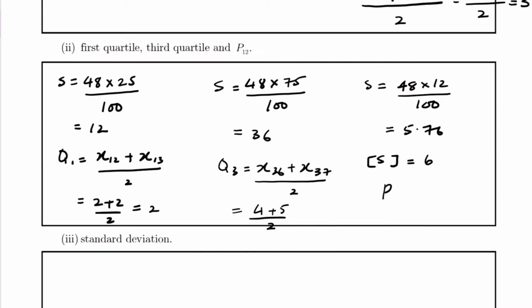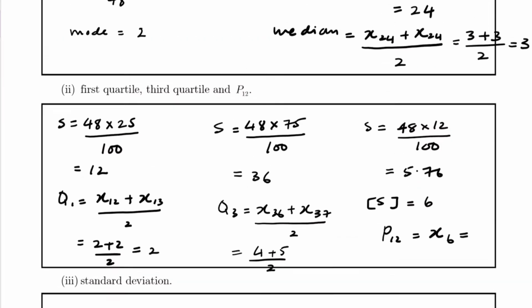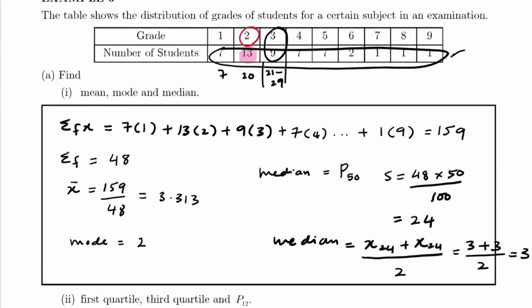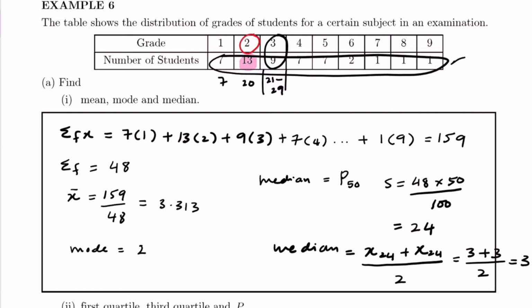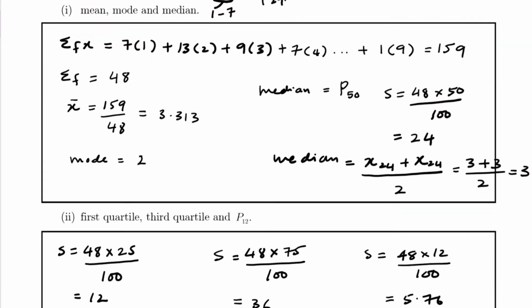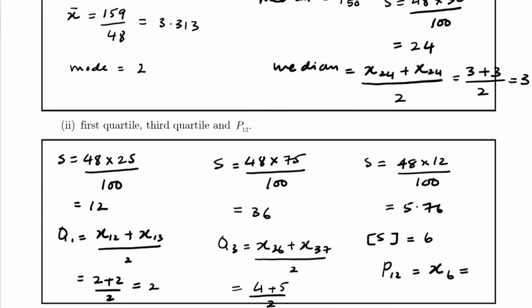So P12 is equal to the 6th data, which in our case, if I show you, is going to be 1, because this first column is for the first until the 7th data. So we know that our data for P12 is equal to 1.